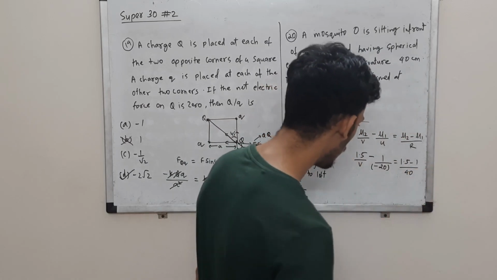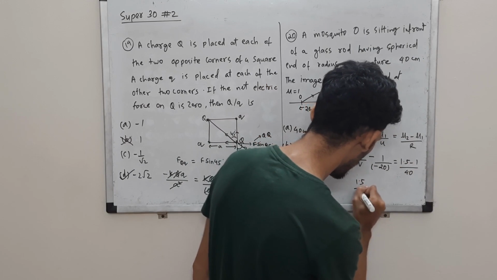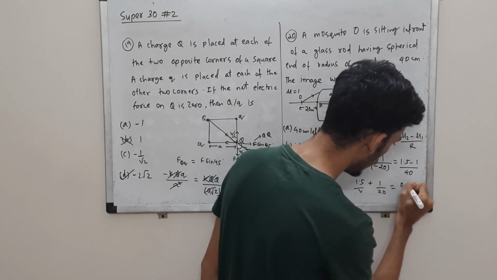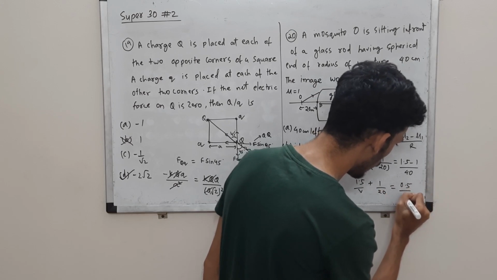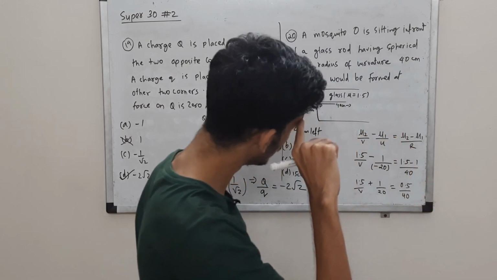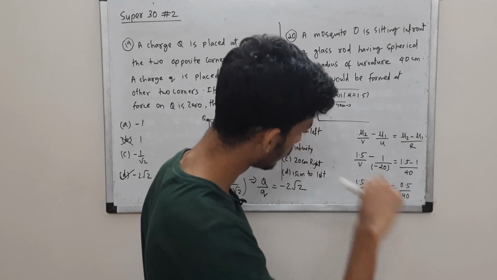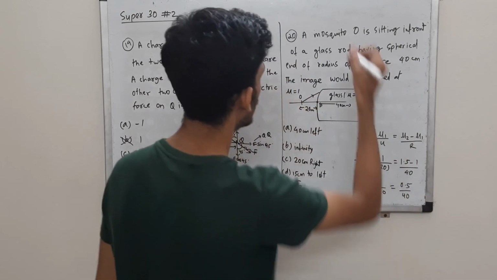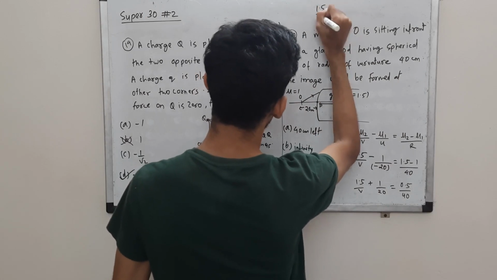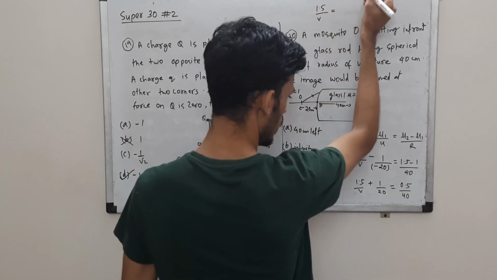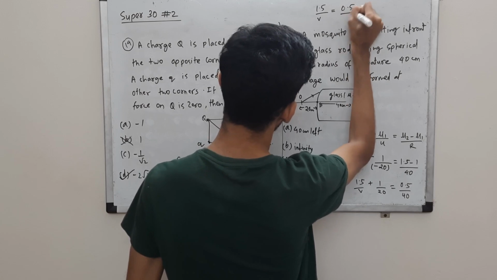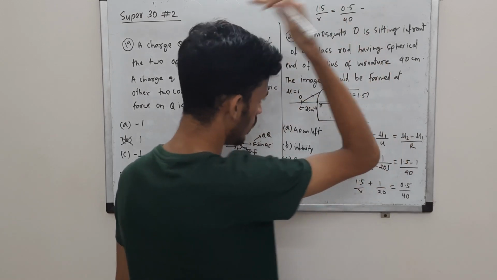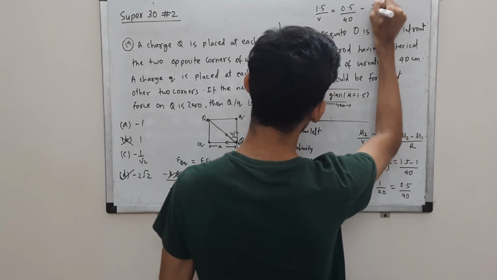Now let us solve this. This is 1.5 divided by v, this can become plus, and this will be 0.5 divided by 40. Are we missing something over here? I don't know, let's see. So 1.5 upon v is 0.5 upon 40 minus 1 upon 20, or we can say 2 upon 40.